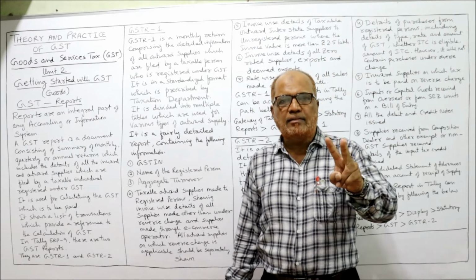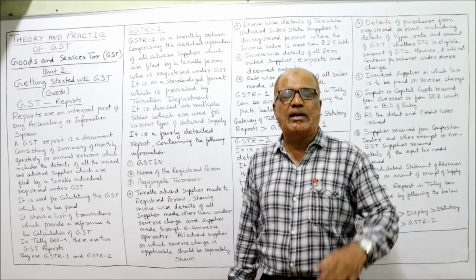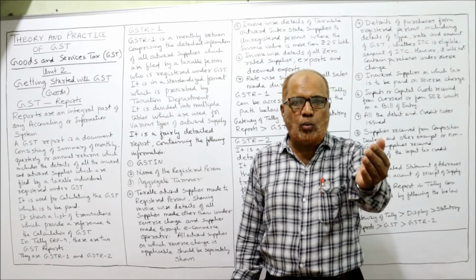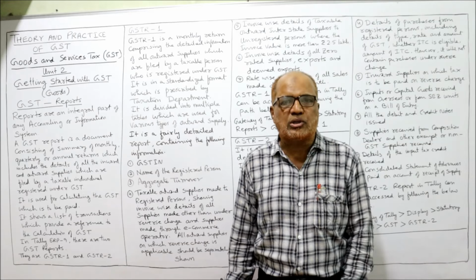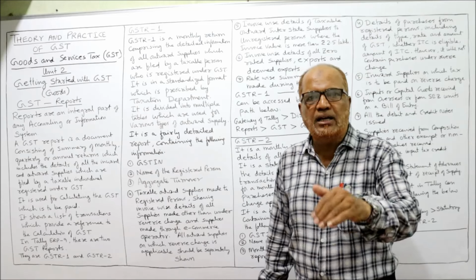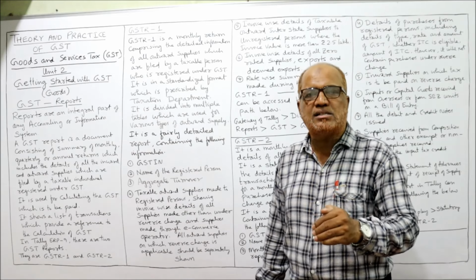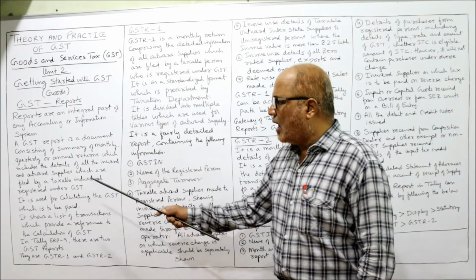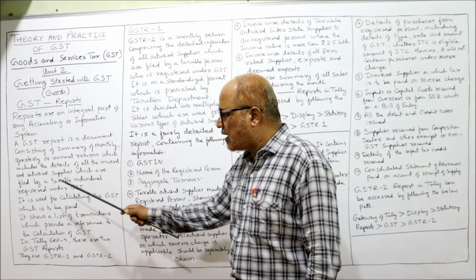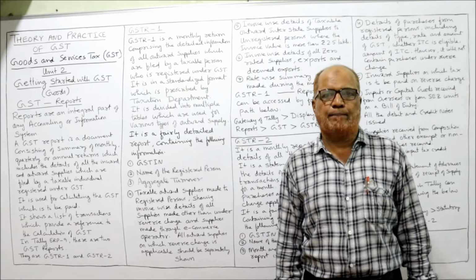So two supplies are there, inward supply and outward supply. Outward supplies are related with sales, inward supplies are related with purchases. So these reports will contain the details of all inward supplies as well as outward supplies, which are filed by the taxable individual registered under the GST.